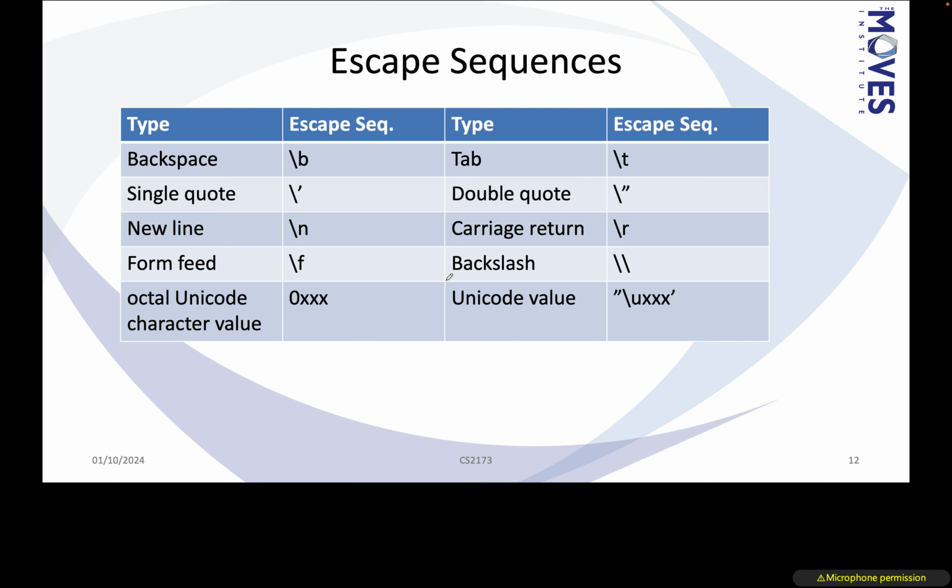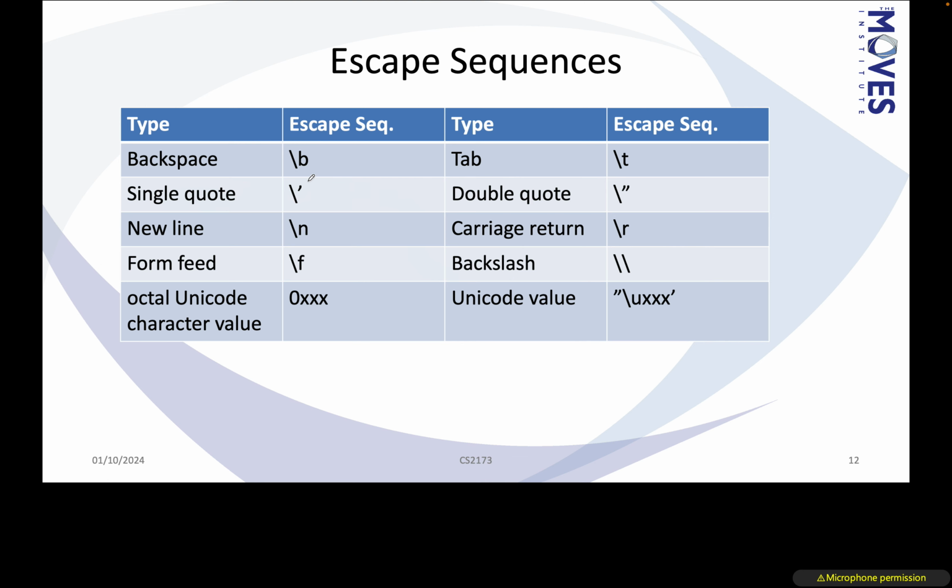Okay, so escape sequences. Sometimes we want to represent usually a non-printing value. So a backslash \b is backspace, so when you're printing something out, we can actually go backwards.